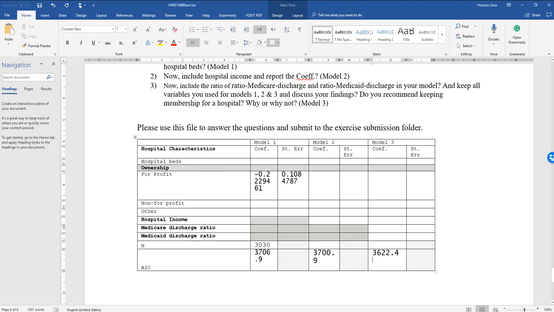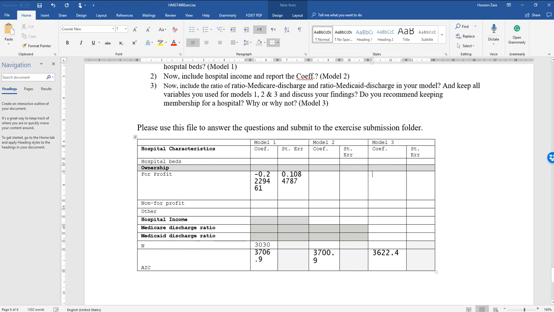This is AIC 3622 37. Okay, and the last model is the best fit model based on these results. You can just go ahead and populate this table.